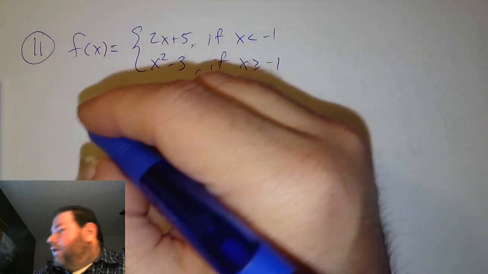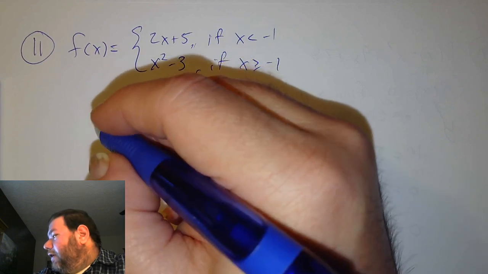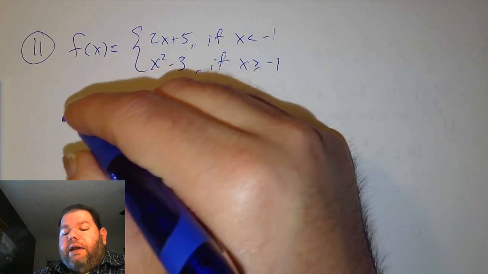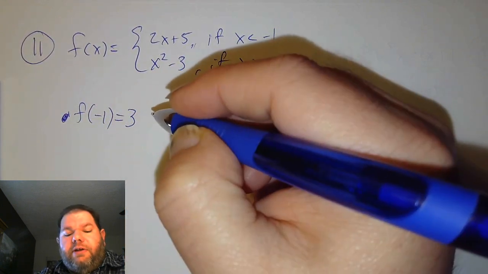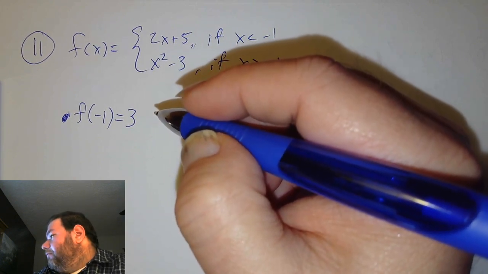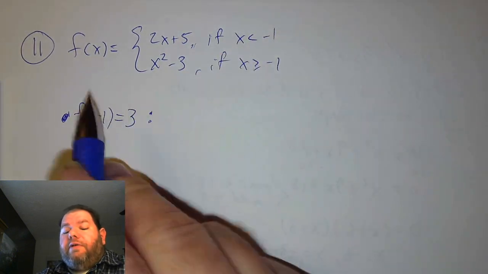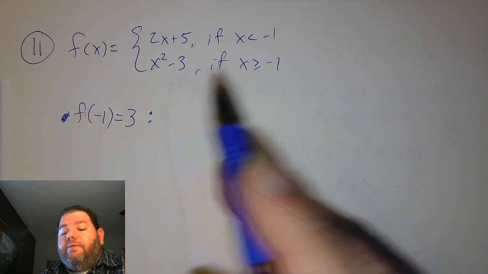Alright, so our first answer, at least as it was given to me right now, is f of negative 1 equals 3. I'm not going to call it A, because I set it up to scramble the answers so they're not the same each time. For this one, we have to determine which part of the piecewise function we plug the negative 1 into.